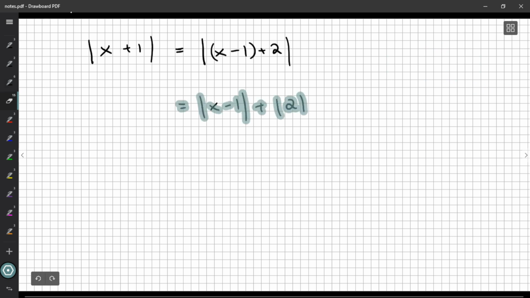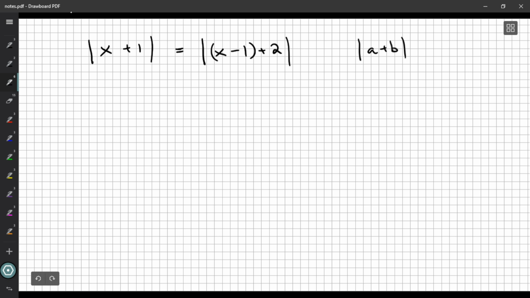So we're going to use our good friend, the triangle inequality. If you don't remember the triangle inequality, here it is. The absolute value of a sum is always less than or equal to the sum of the absolute values. Unlike multiplication and division, it's not a clean equality. So I can do something like this.